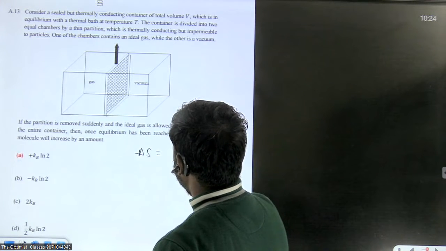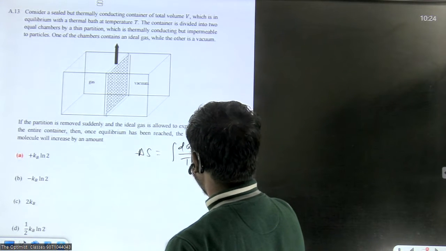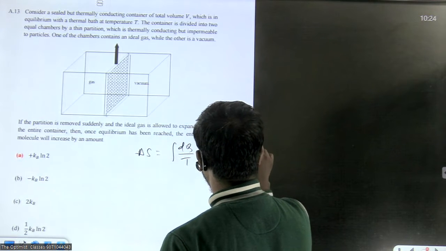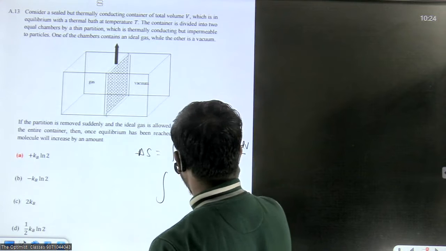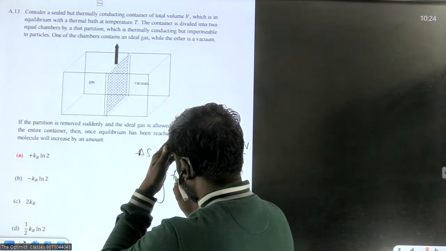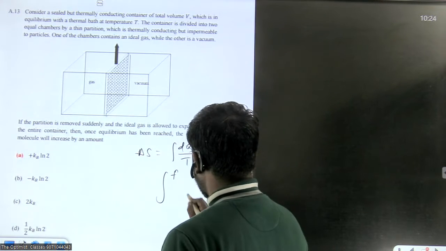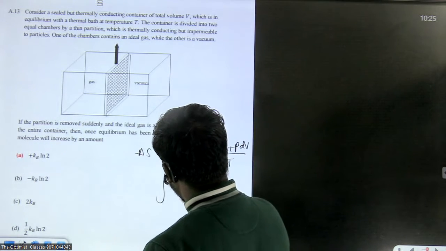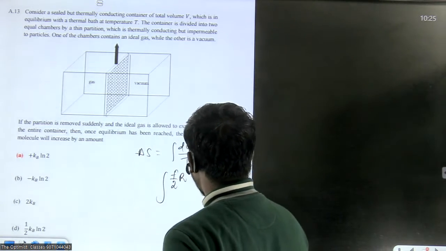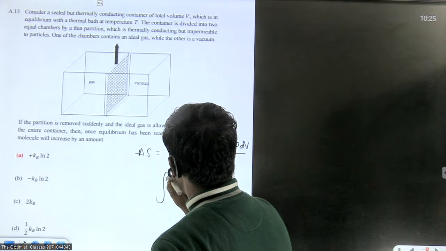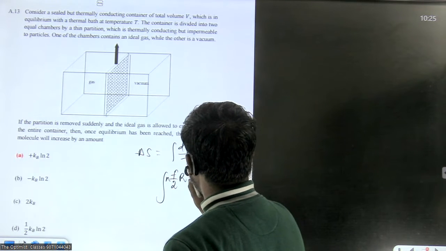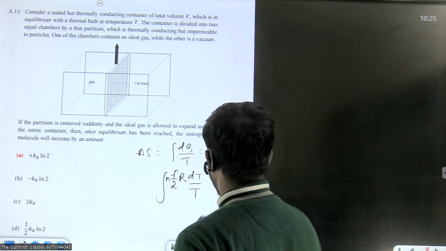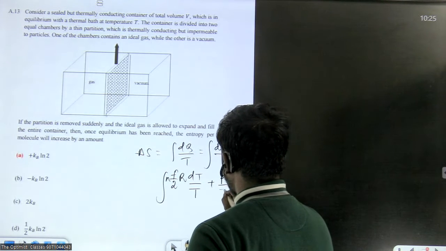So we can write this as dq by T, and here we can write it as dU plus p dV, divided by T. This dU we can write for an ideal gas as f by 2 n R dT, divided by T, plus p by T dV.